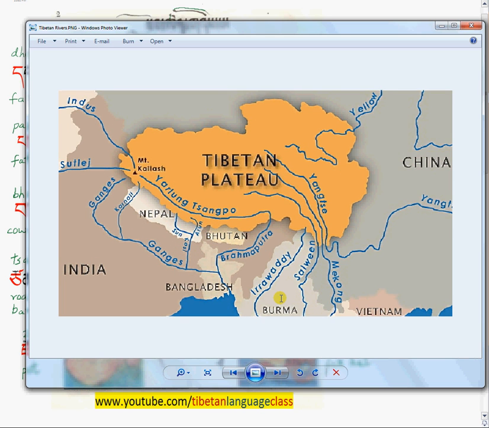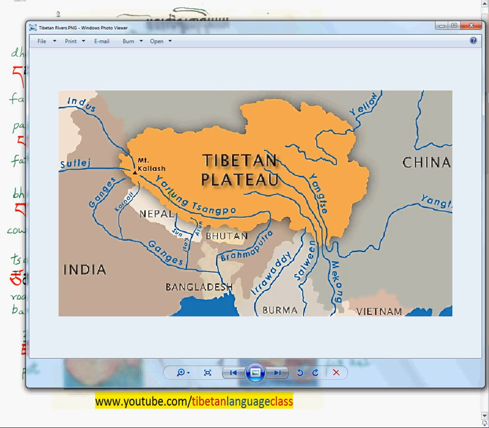And this is a map of the Tibetan plateau, and as you know, all the major rivers in South Asia originate from Tibet.